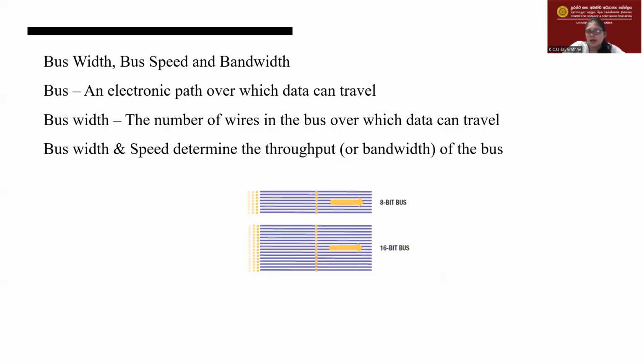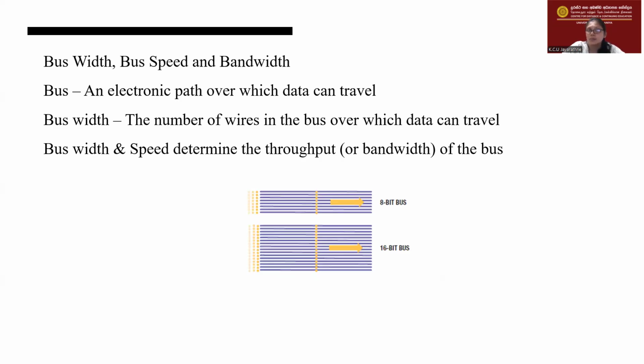So on a highway, if there are two lanes or three lanes, then according to the bus width, the bus width is the three lanes. It is the number of wires in the bus over which data can travel.